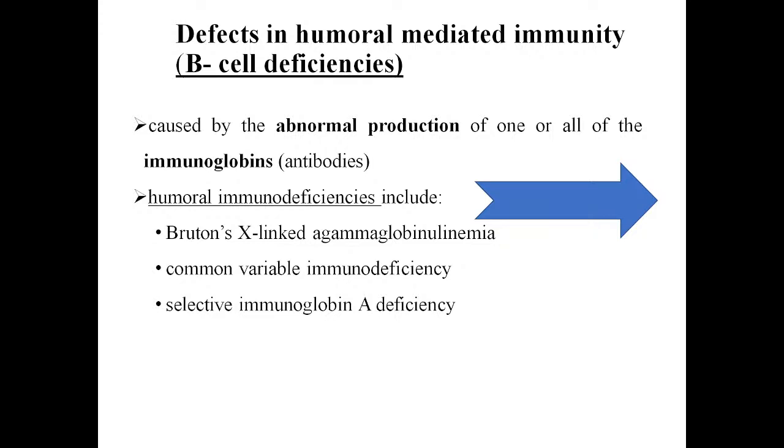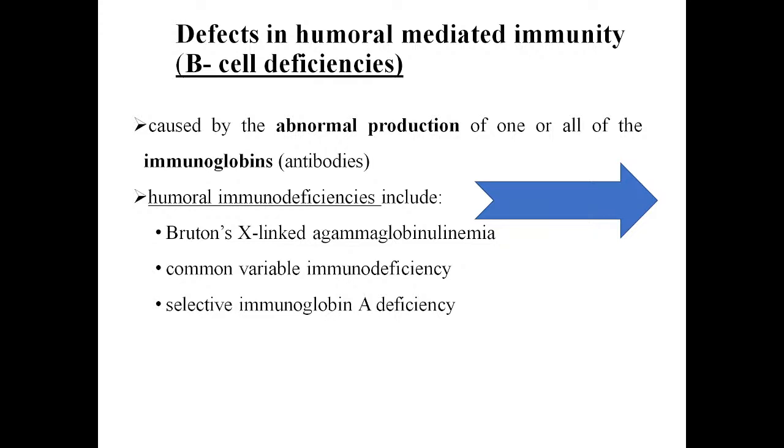This is IgG, IgM, IgD, IgE, IgA. So, B-cell deficiency may be caused by abnormal production, decreased production, for example, in IgM or IgG or in both.